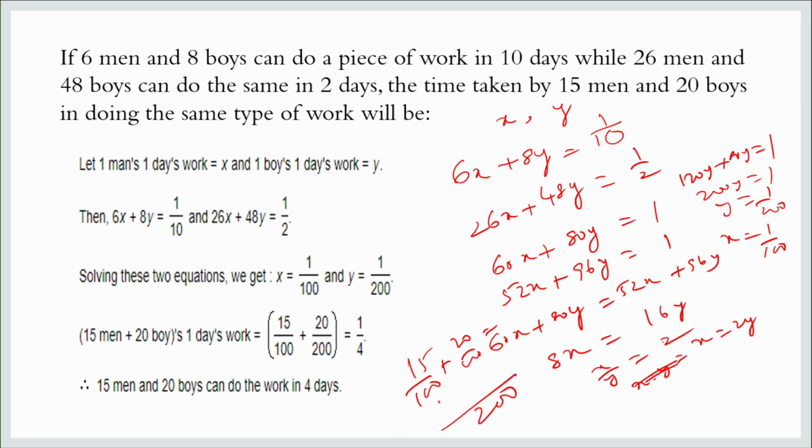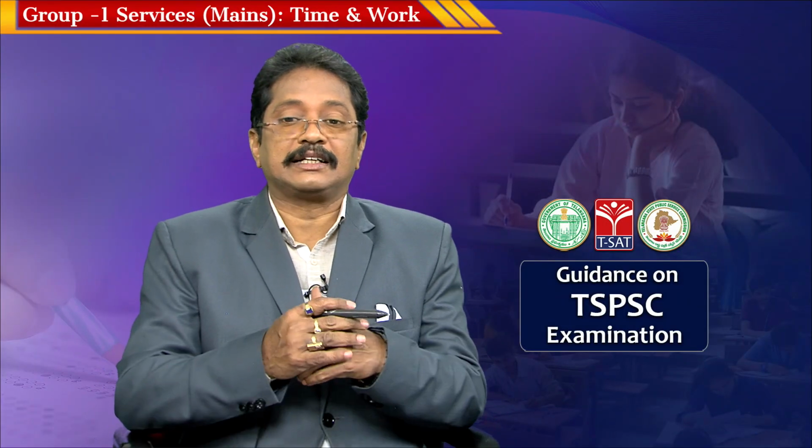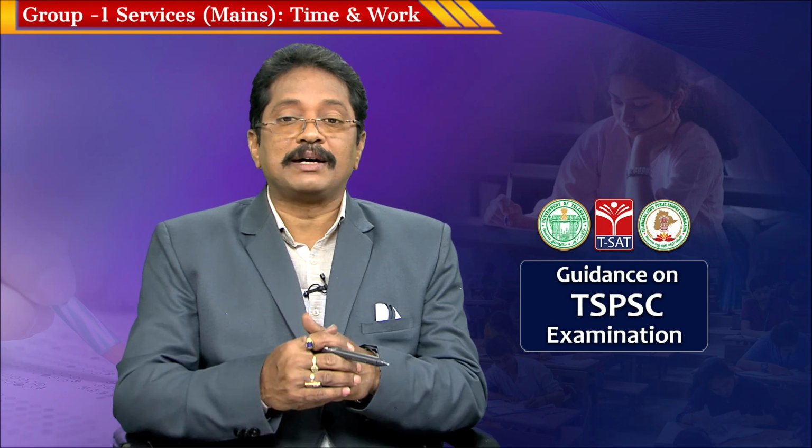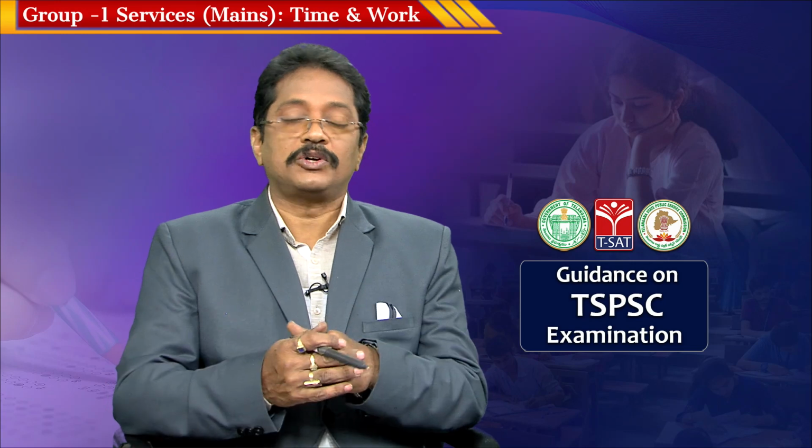LCM is 200: 30 plus 20, that is 50 by 200, or 200 by 50, that is 4. So it takes how many days? 4 days, understand. Like this you can calculate the piece of work done by 15 men and 20 boys in 4 days.